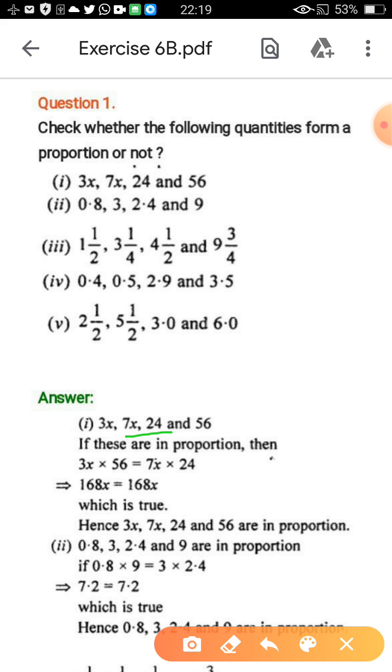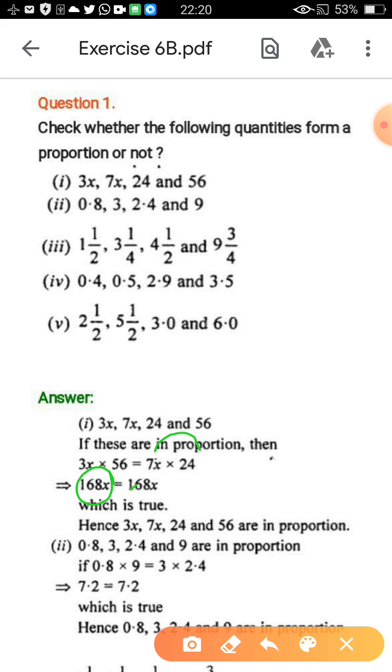So 3x multiplied by 56, and then 7x multiplied by 24. Their multiplication should be the same. 3 into 56 is 168, so 168x. On this side, 7 into 24, 24 sevens are 168, multiplied by x, so 168x.